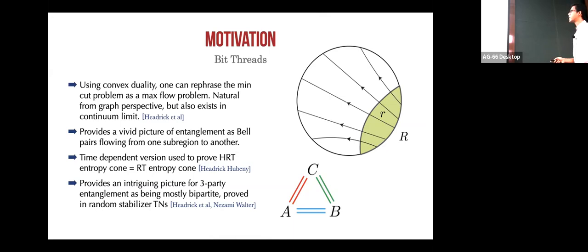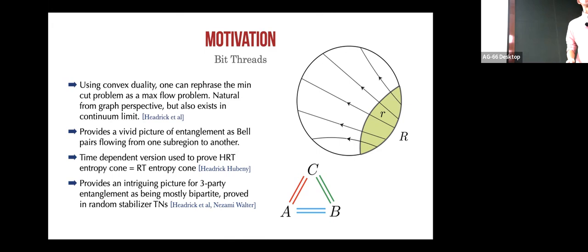So these authors took this as motivation to conjecture that the entanglement structure of either gravity or tensor networks and so on is mostly bipartite, in the sense that you can apply local unitaries on these 3 regions and extract these Bell pairs, which they expected to correspond to this non-trivially existing 3-party bit thread structure. That was their conjecture.